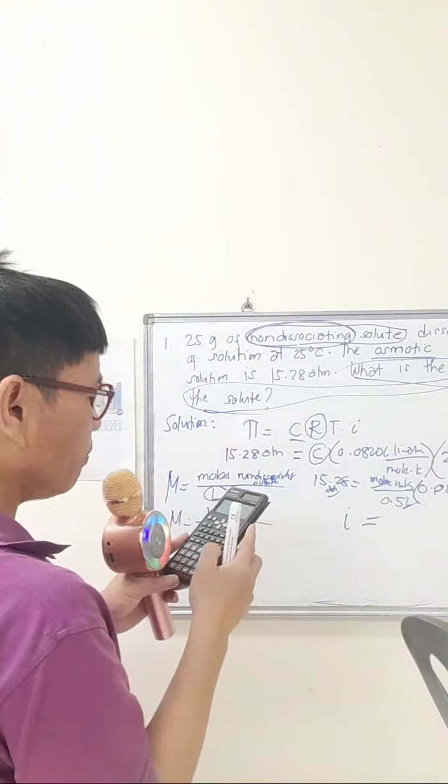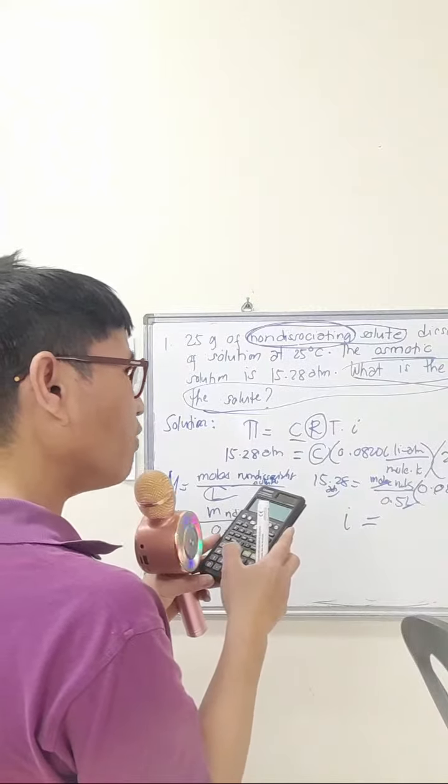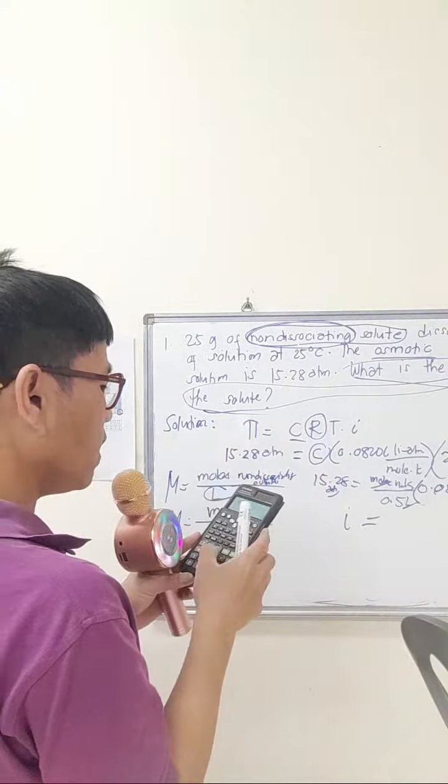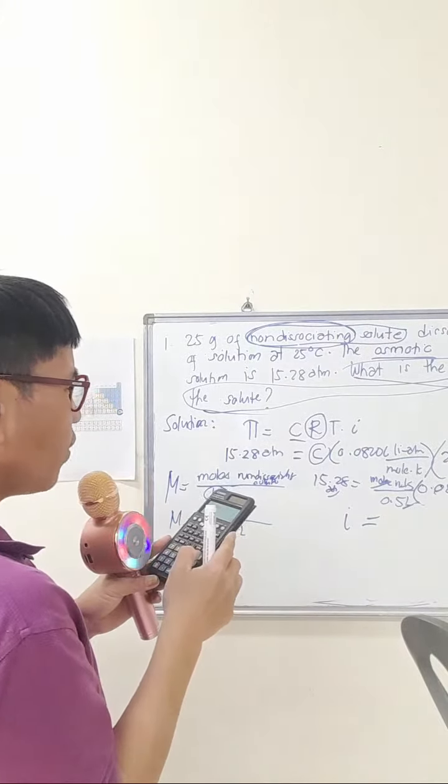3.20. Okay, again, it looks very big. 0.08206. And I don't want to consider a very big i.